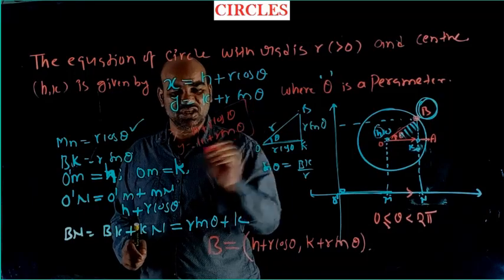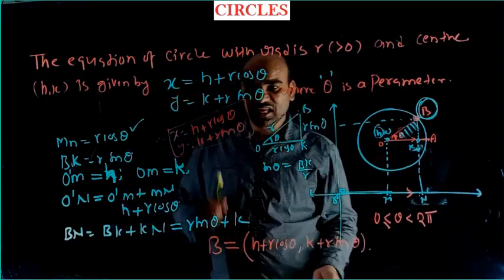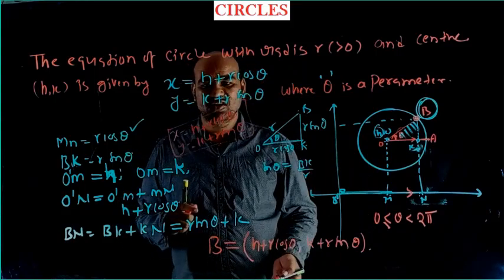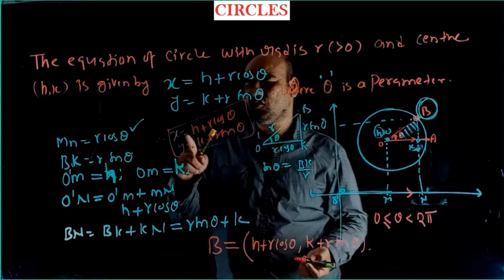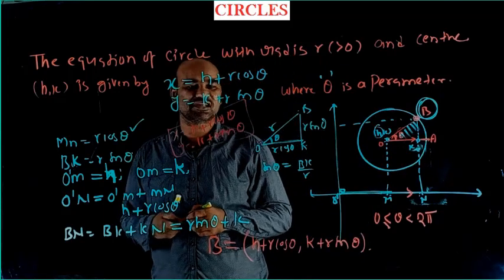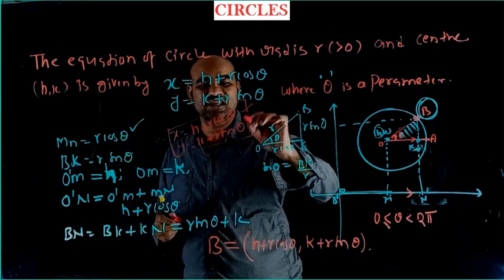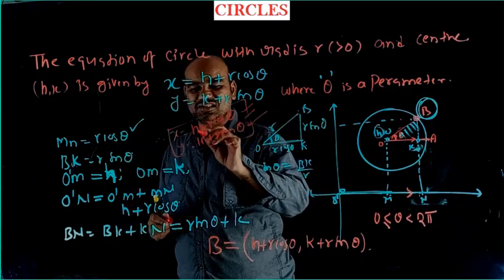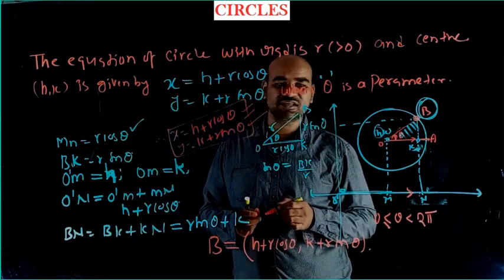These two equations combined give the equation of the circle. Means any x and y which satisfy this rule will be a point on this circle, and vice versa. Therefore x equals h plus r cos theta and y equals k plus r sin theta is a parametric equation of the circle. Here h comma k stand for the center, r stands for the radius, theta is any parameter.